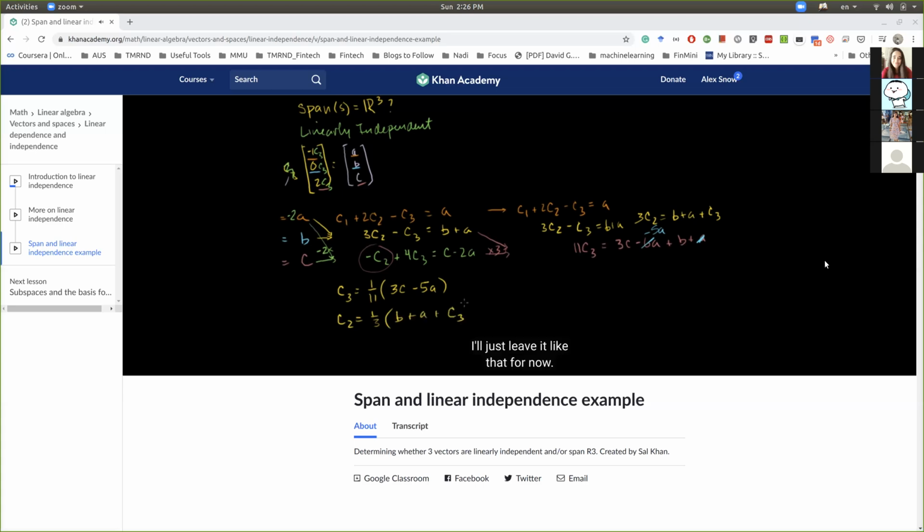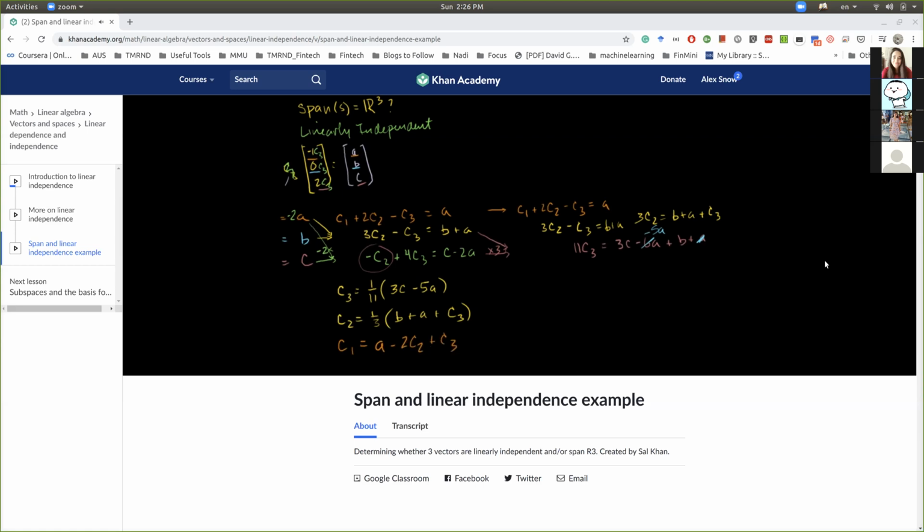I'll just leave it like that for now. And then what is C1 equal to? Well, if I rewrite this top equation, subtracting 2C2 and adding C3 to both sides, I get C1 is equal to A minus 2C2 plus C3.